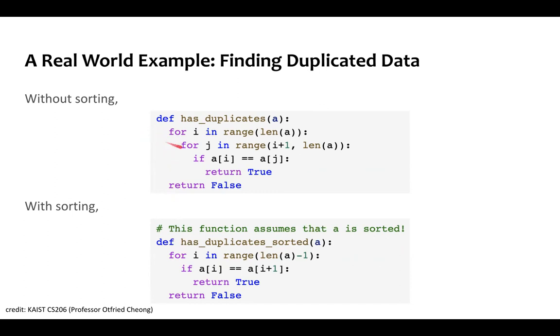Rather than having two for loops, we have one for loop and just check whether there is an item whose neighbor is the same as this item, all right? So in this case, the time complexity is O(n), right? So when items are sorted, the time complexity goes from O(n squared) to O(n). So this is why we care about sorting algorithms.